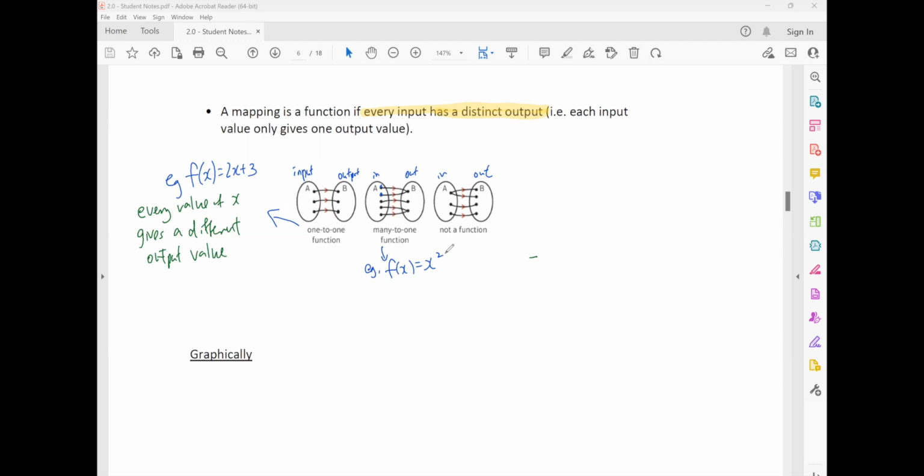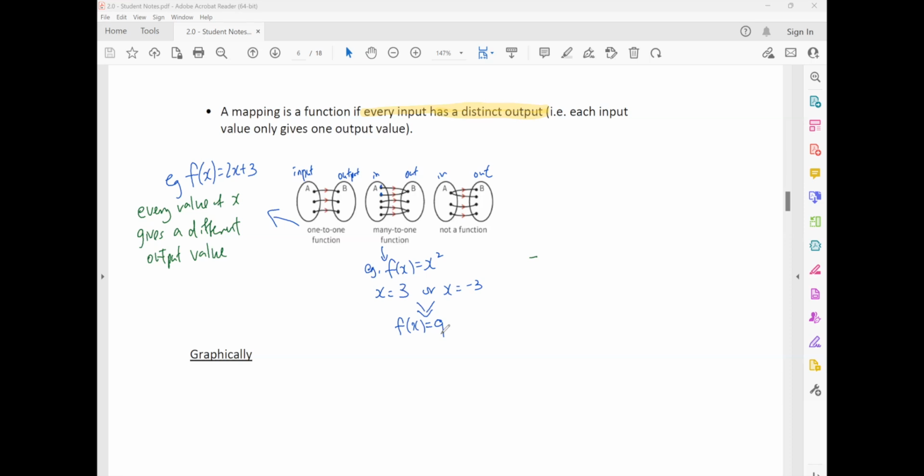Now, if you have x equals 3, or x equals -3, both give f of x equals 9. So more than one input gives the same output. Okay. So this is called a many-to-one function. Many x values to one y value.